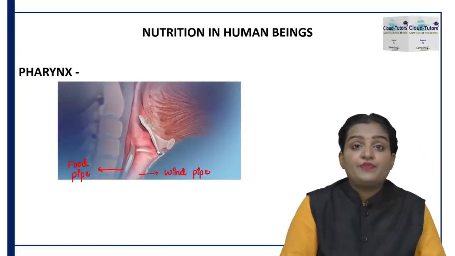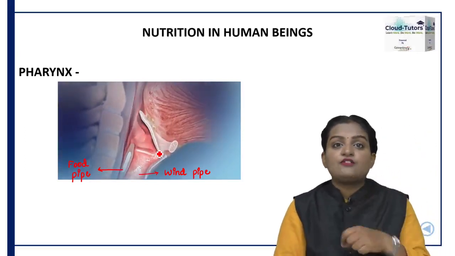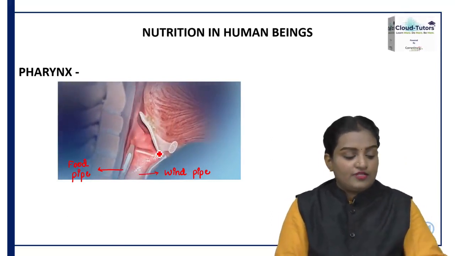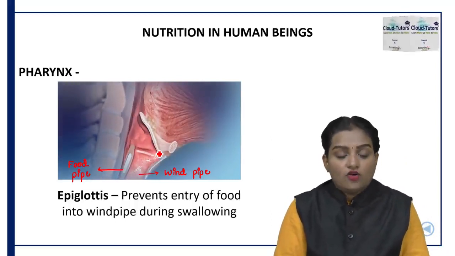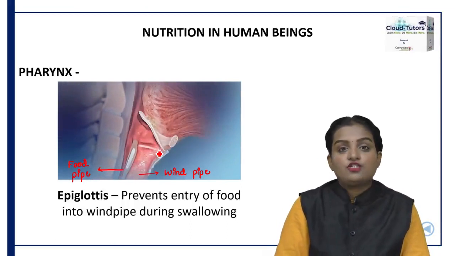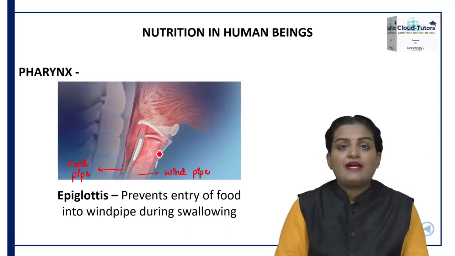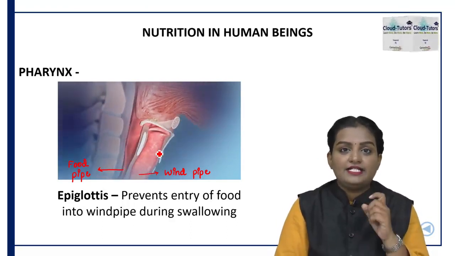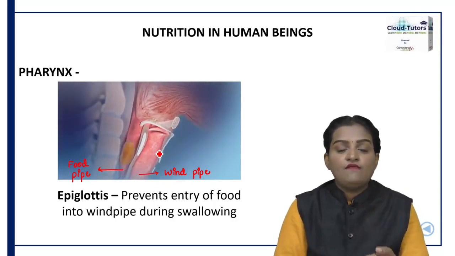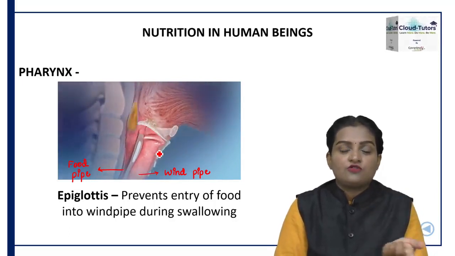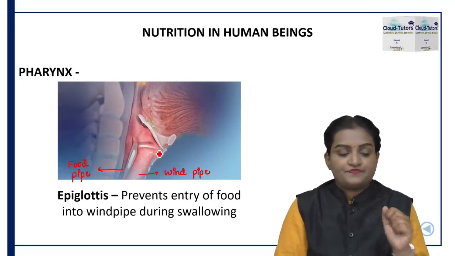This flap prevents the entry of food into the windpipe. That is known as epiglottis. Epiglottis prevents entry of food into windpipe during swallowing. By accident, if the food particle enter, there will be cough, which will throw the food out of the windpipe.